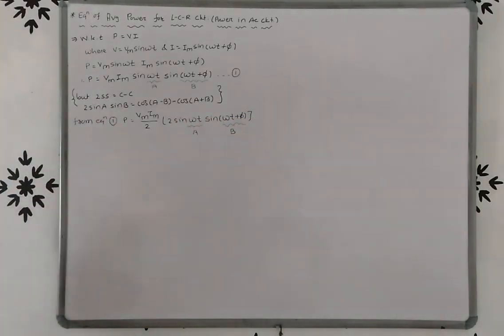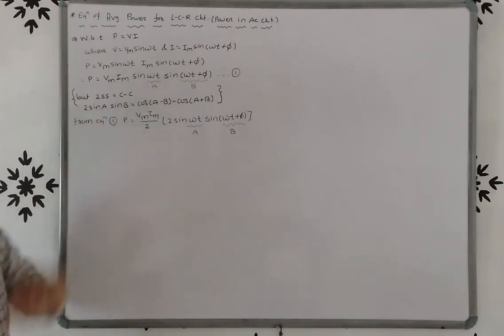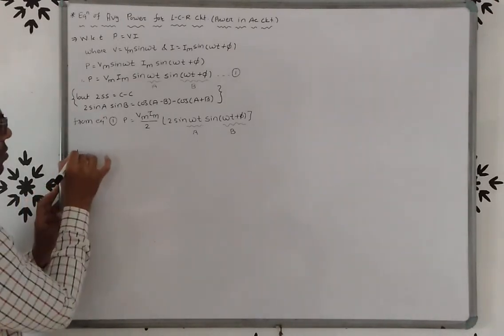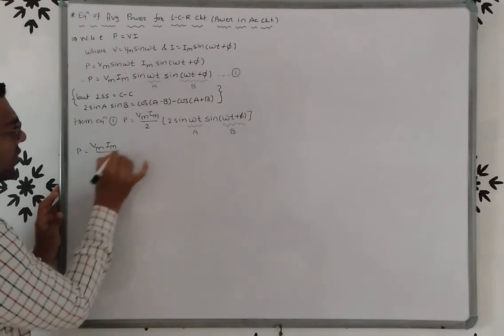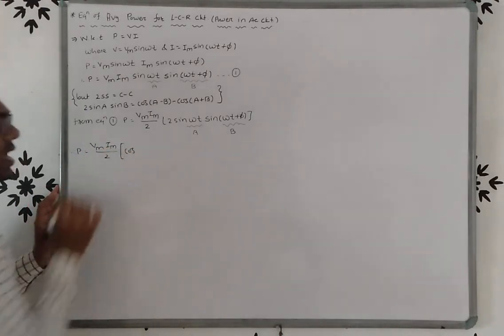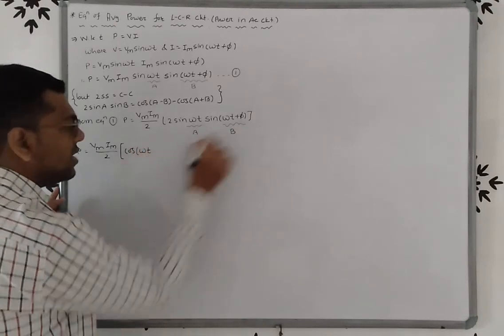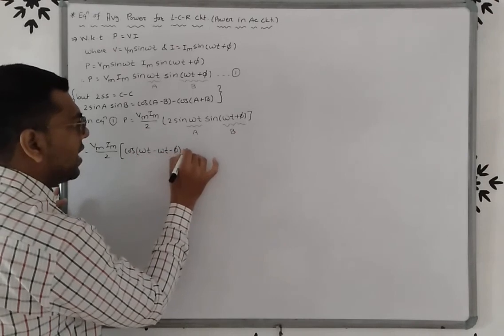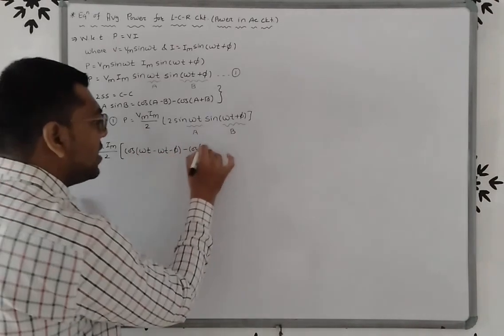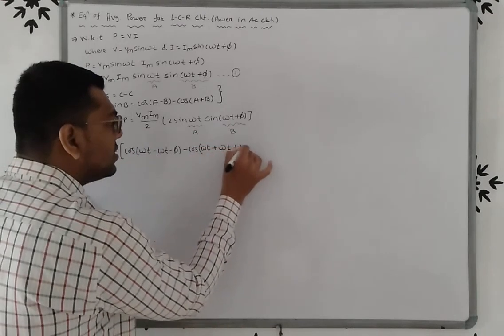Now we apply this formula: 2 sin A sin B is equals to cos A minus B minus cos A plus B. So P is equals to Vm Im by 2 cos A minus B, so omega t minus omega t minus phi, minus cos A plus B, so omega t plus omega t plus phi.